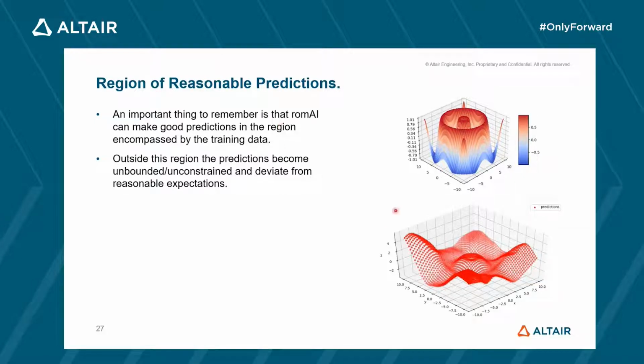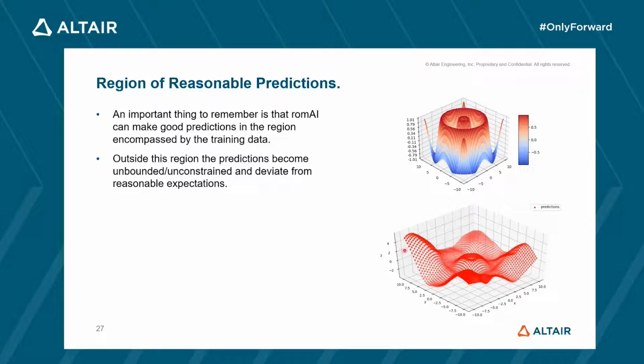And just to drive home that point, this is what the polar sinusoid looks like if you proceed outside of the interval that we initially collected data in, which was -5 to 5 along x and y. And this is the effect of ROM AI making predictions outside of the scope of data that we gave it.